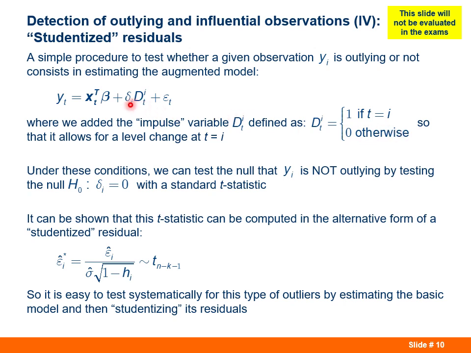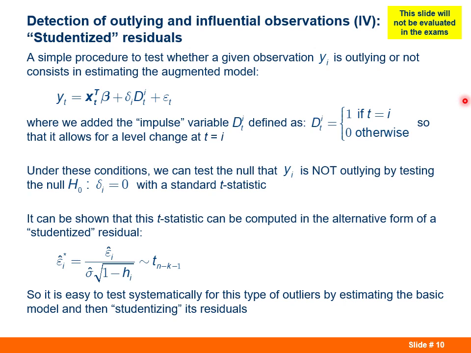So, for most of the sample, d_t will be equal to 0, so this value here will not appear in the sample. However, when you get to the ith observation, the variable d will have the value 1, so you will correct the level of the model by this amount. You are allowing for a level change.